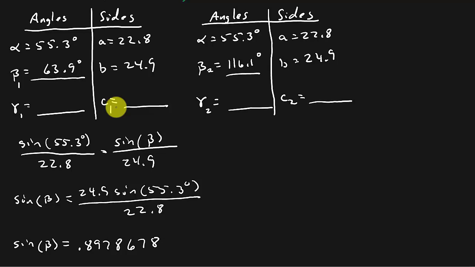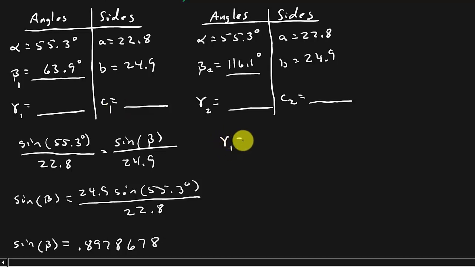Now just solve both triangles, just like we did before. Okay. All right. So let's find gamma 1. Gamma 1 is what? 180 minus 55.3 minus 63.9, and that is 60.8.